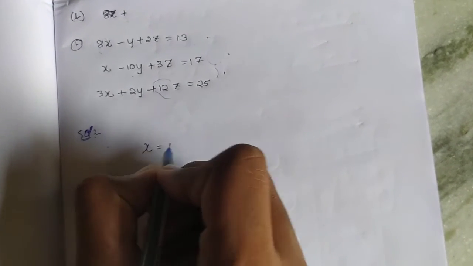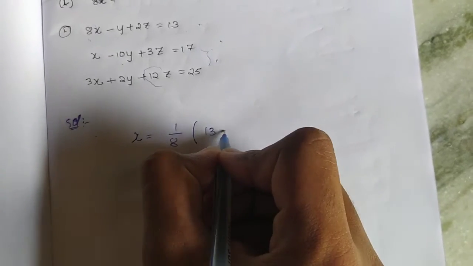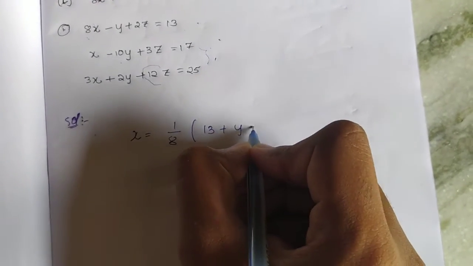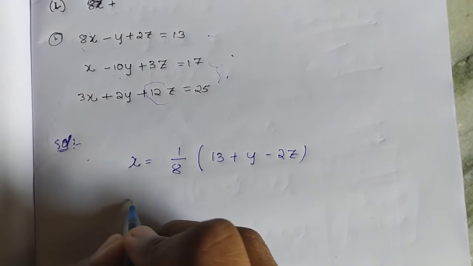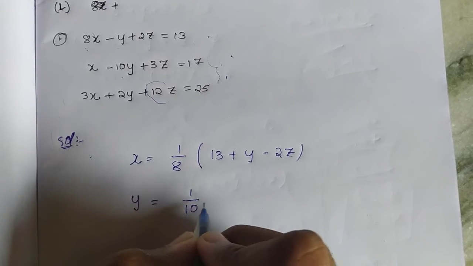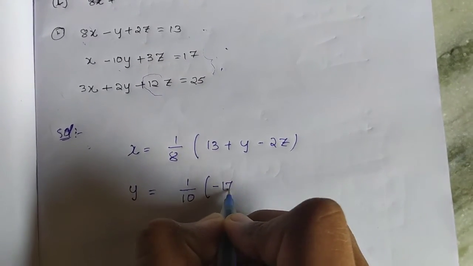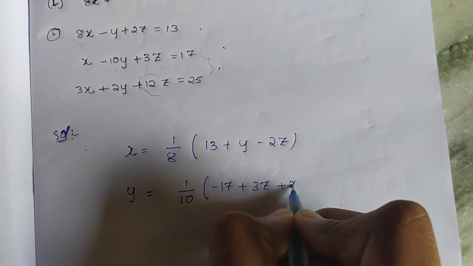Now clearly, as the above system of equations is diagonally dominant, from the above equations we can write x is equal to 1 by 8 into 13 plus y minus 2z, and y is equal to 1 by 10 into minus 17 plus 3z plus x.